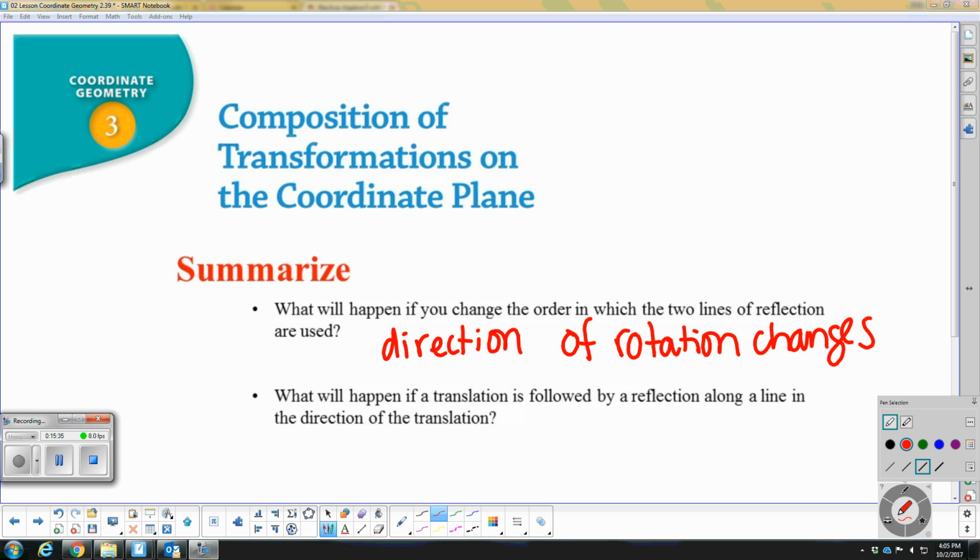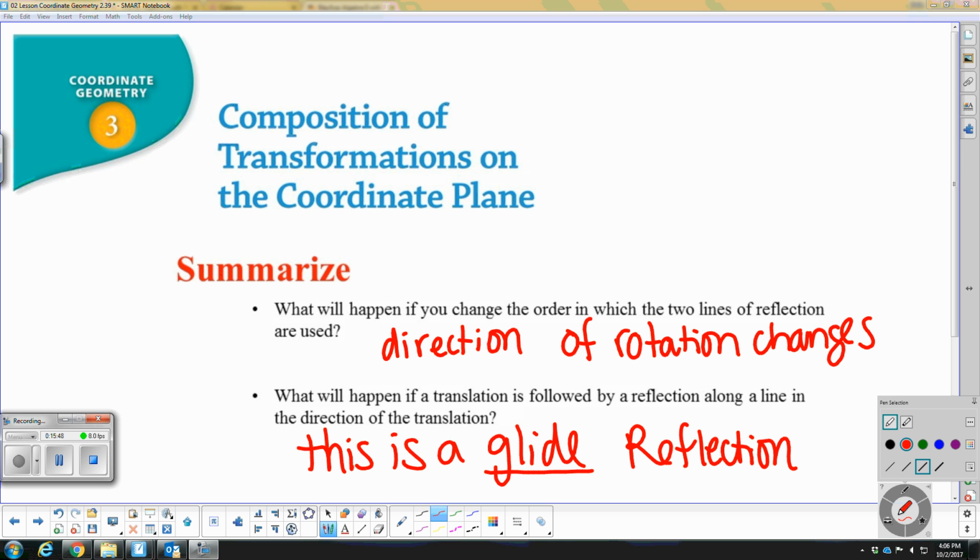And then the second summarized question is, what will happen if the translation is followed by a reflection along a line in the direction of that translation? And we call this a glide reflection. So in this glide reflection, the orientation is shifted, but there's not a perfect reflection line since it was translated and then reflected along the same direction as the translation.